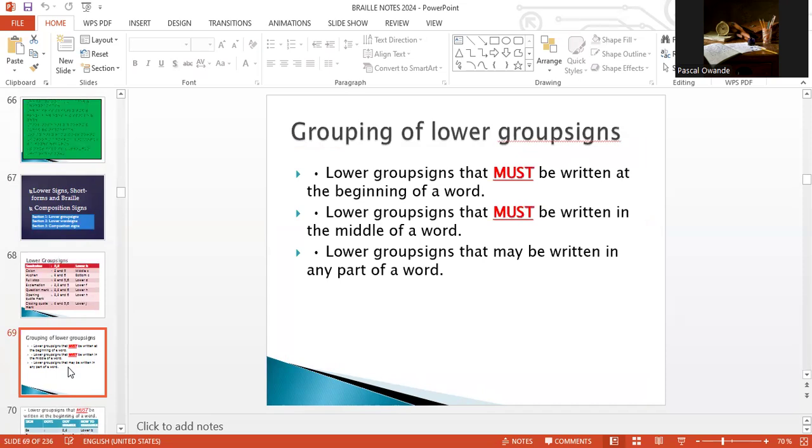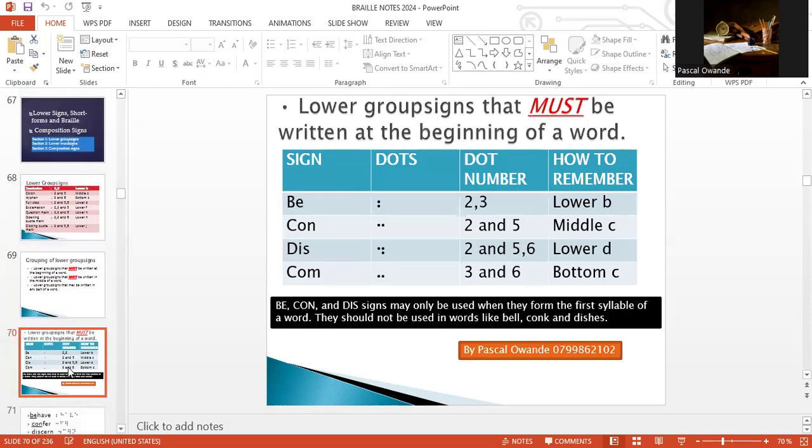Number two, the lower group signs that must be written in the middle of a word. And finally, the lower group signs that may be written in any part of a word. So beginning with the first one, lower group signs that must be written at the beginning of a word.